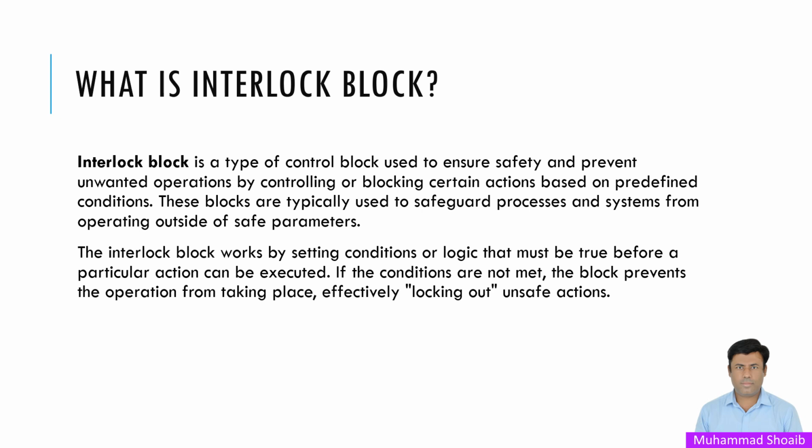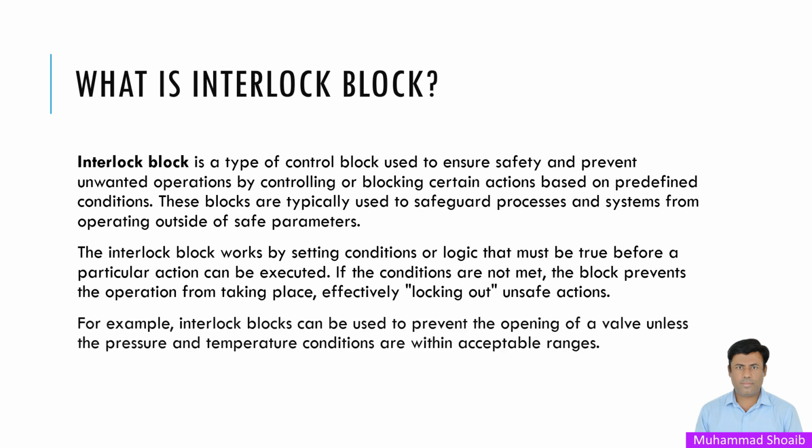If the conditions are not met, the block prevents the operation from taking place, effectively locking out unsafe actions. For example, an interlock block can be used to prevent the opening of a valve unless the pressure and temperature conditions are within an acceptable range.